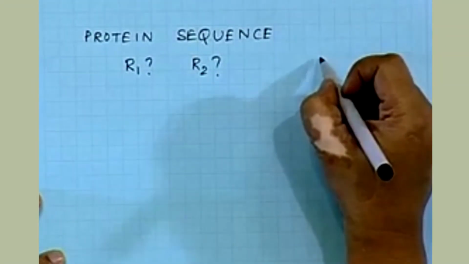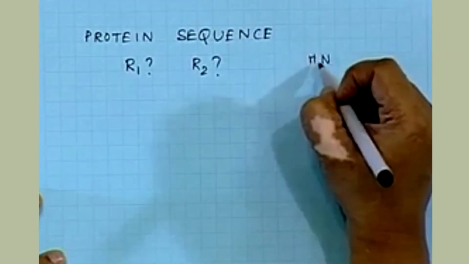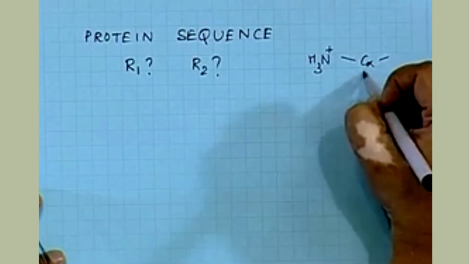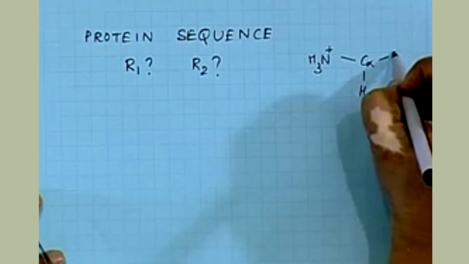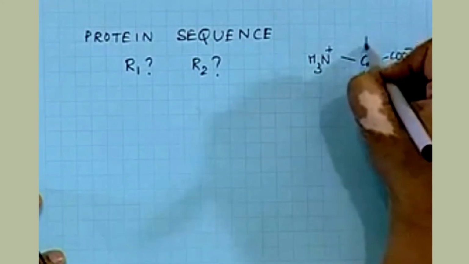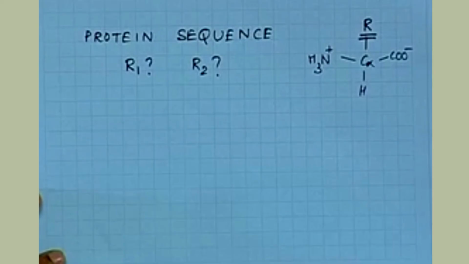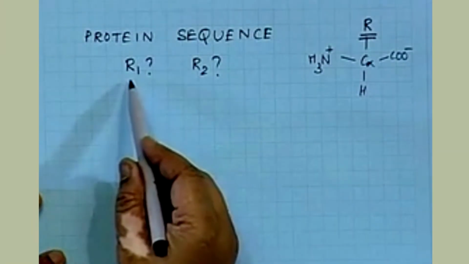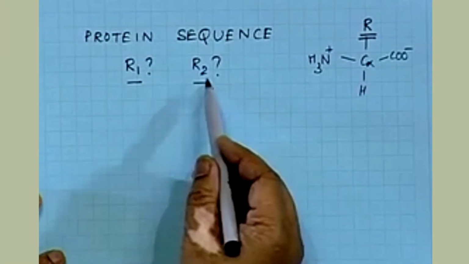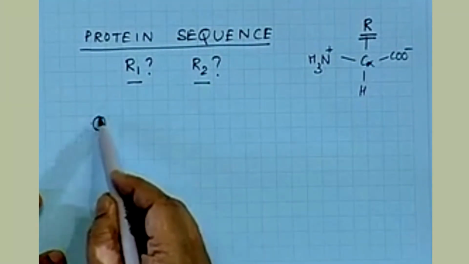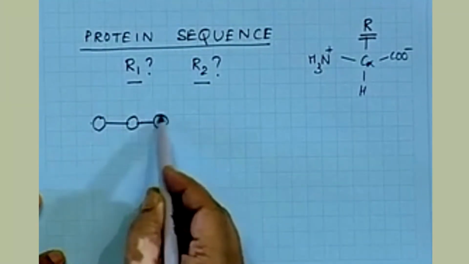Because we know that each amino acid looks the same. It is only the difference that we have in the R group. So, if we just know what R1 and R2 are, when we have our protein sequence, we need to know how they are linked together.